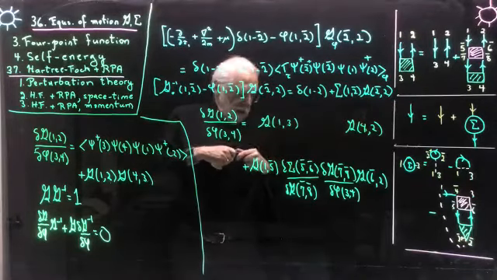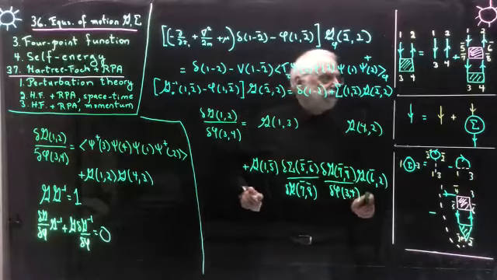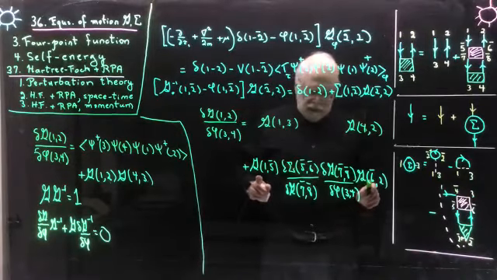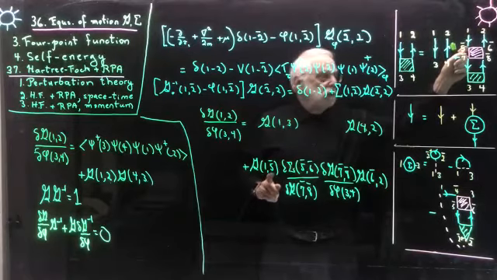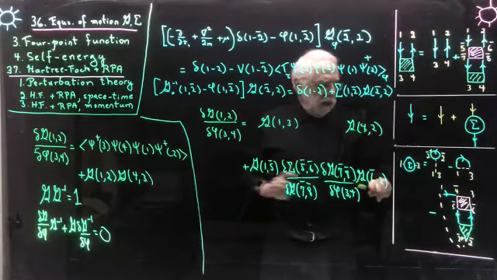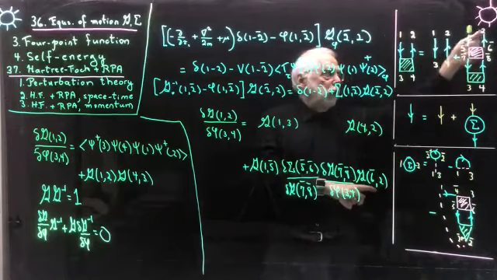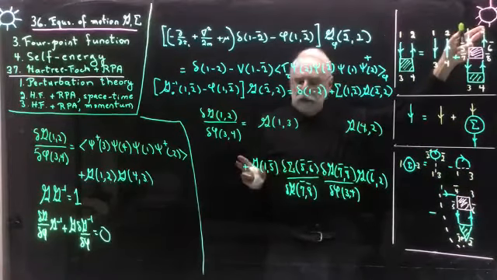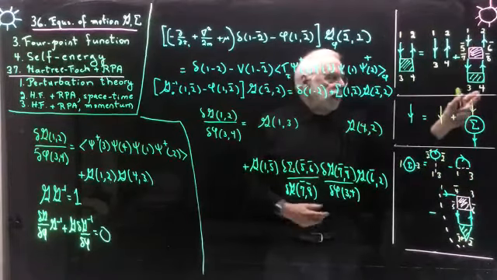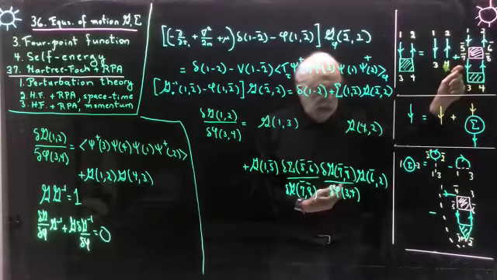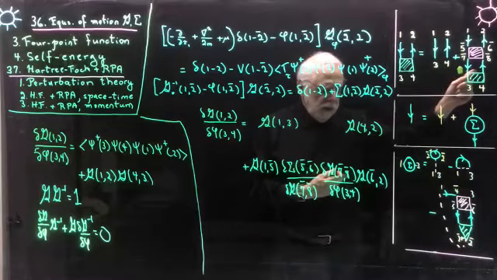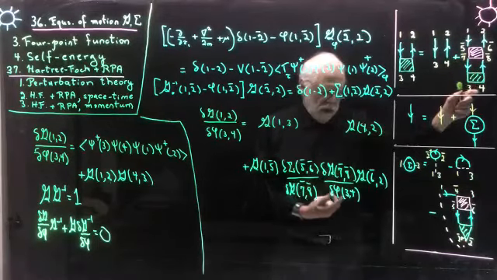And then I have this: G of 1, 5 bar and G of 6 bar 2, with again these two things on top. And then I have 3, 4 here, and this is delta G of 7 bar, 8 bar, 3, 4.